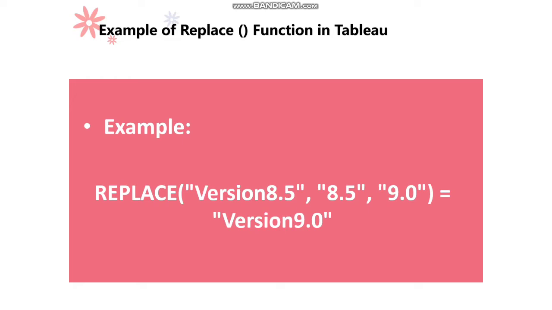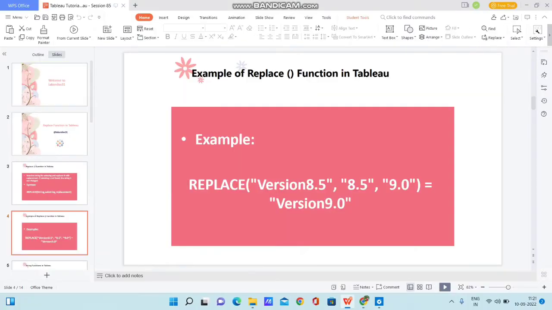The substring we passed will be identified first and replaced with 9.0. As a result, we get the string along with the replaced value. So the result is version 9.0. Let me open Tableau Desktop and show you how to use the replace function in Tableau.